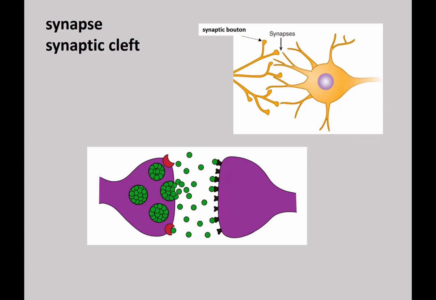One other important part of neuron-neuron communication is what we call a synapse. The synapse is the connection between two neurons, and this is where communication happens.